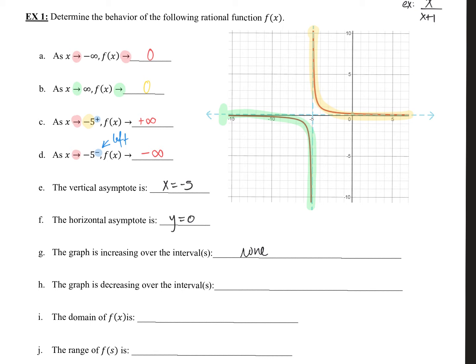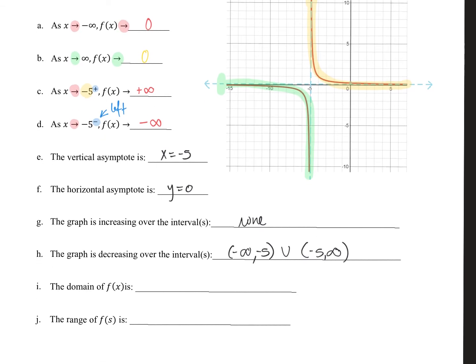So we know the graph is decreasing. For the green part, that starts at -infinity and then stops at -5. It decreases over that interval, and it also decreases over the interval -5 to +infinity. So it's decreasing over both of those intervals.